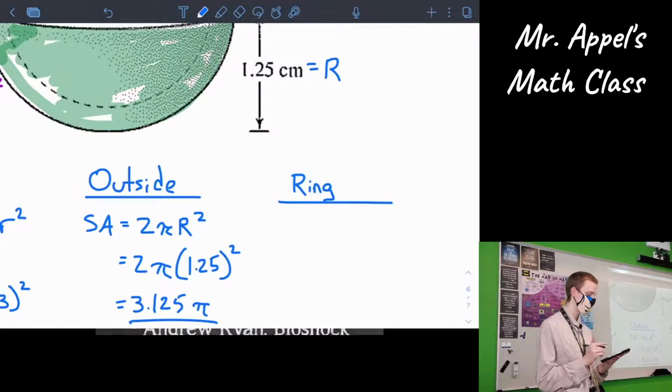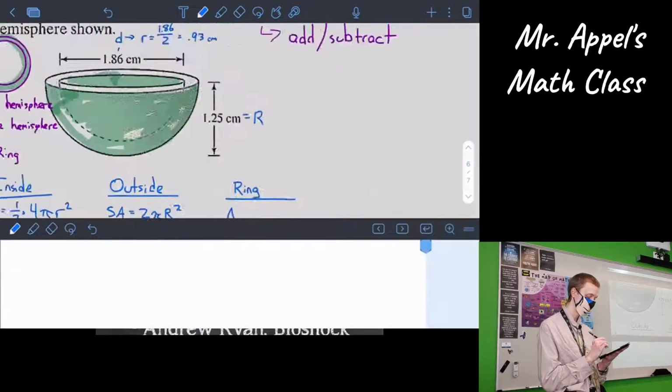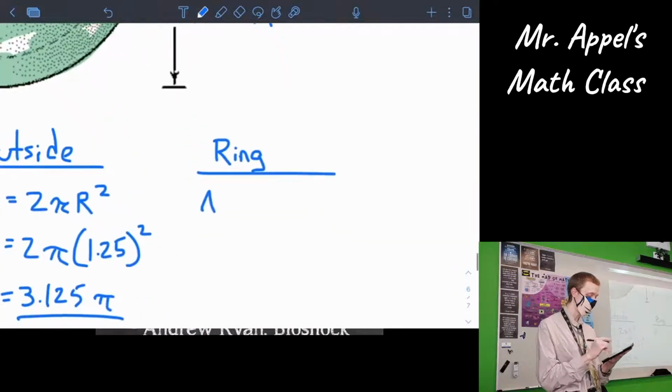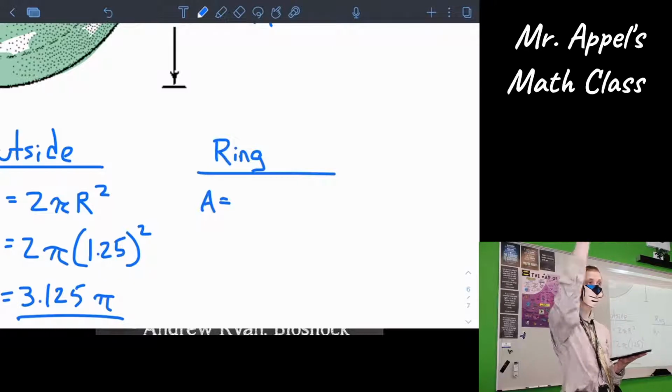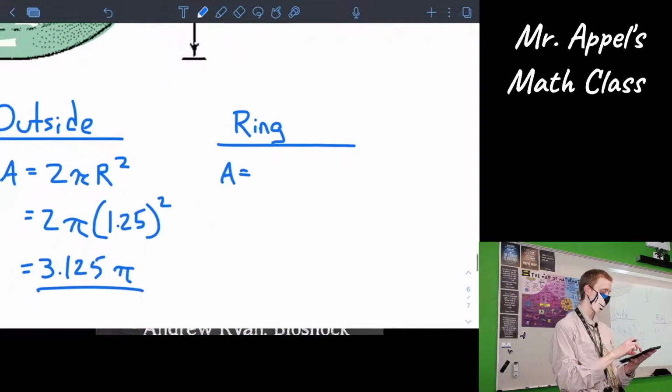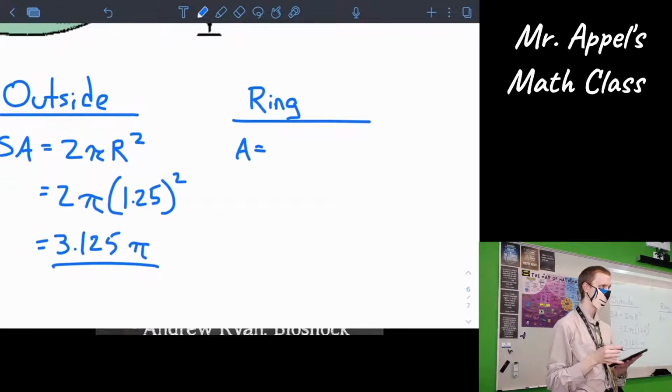Now we just need the ring around the top. So that area, we've already established, that's the difference of two circles, right? So we need the large circle minus the small circle.